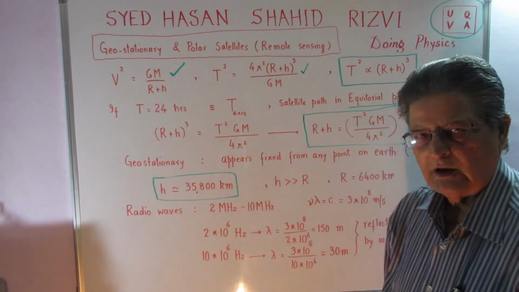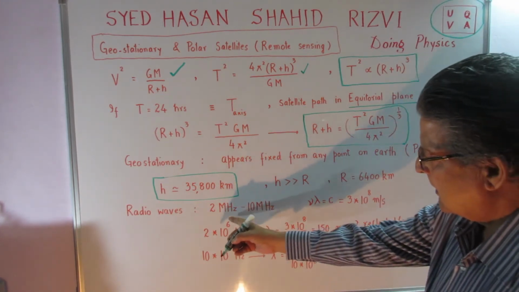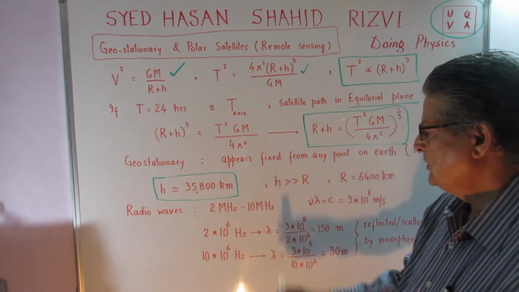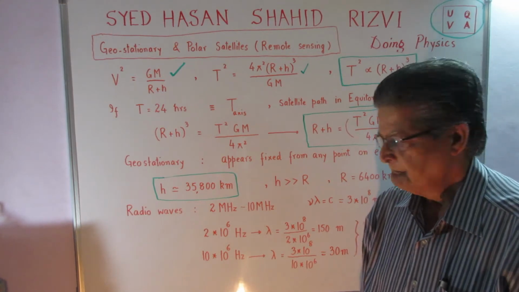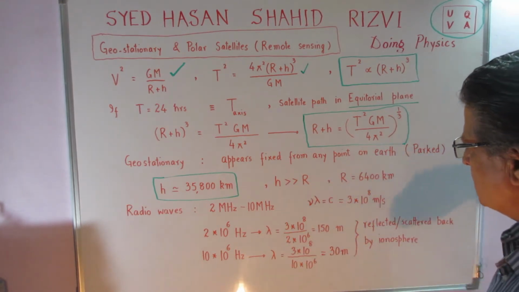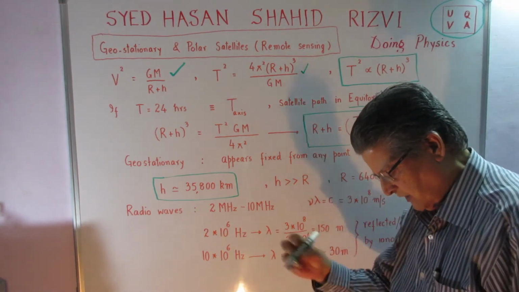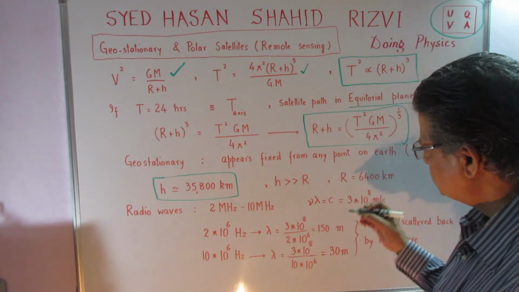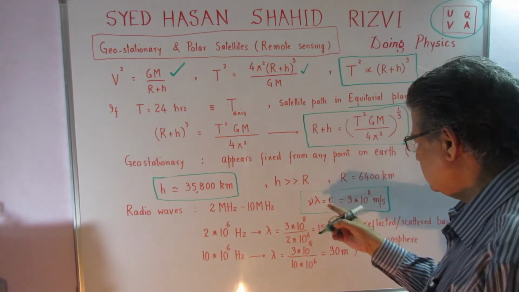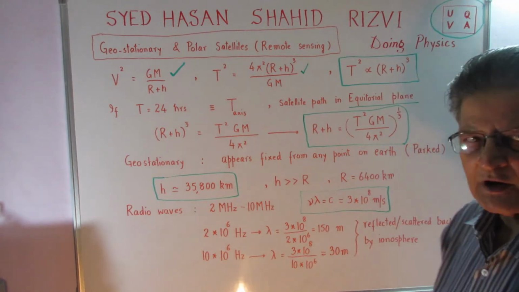Here I would like to talk to you about radio waves, which were basically the means of communication in the beginning, in the range 2 megahertz to 10 megahertz. I will just calculate it to give you an idea. When we learn about waves, we find that nu lambda, where nu is the frequency and lambda is the wavelength, is equal to the speed of electromagnetic waves, which are nothing but light waves.